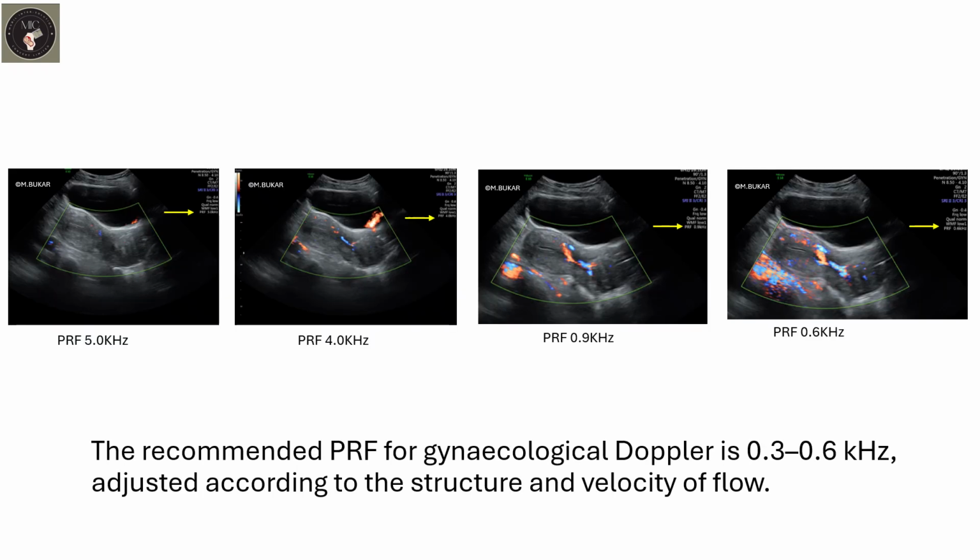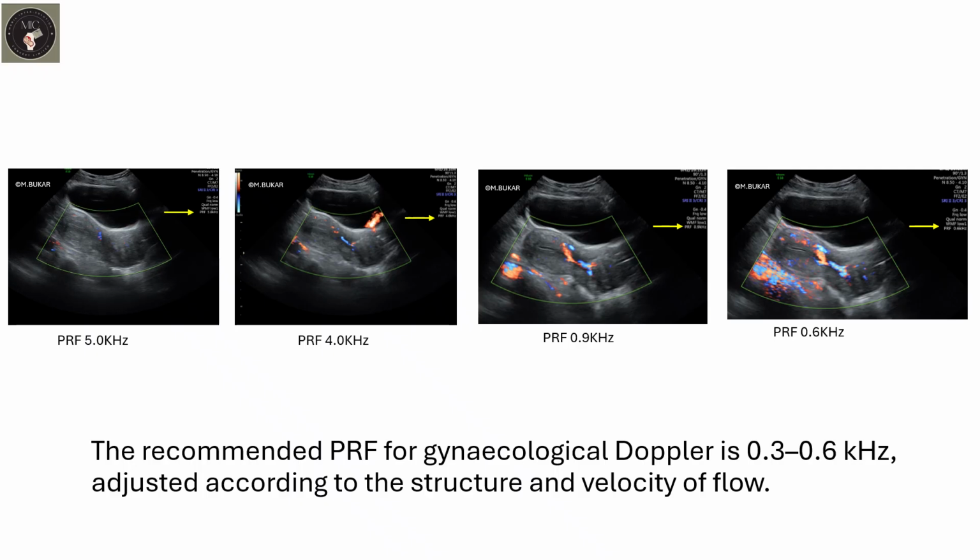So this is the same case at the same sitting, but using different PRFs. Here you can see this is the highest PRF in the machine, Evolution E10. So let's look at this.